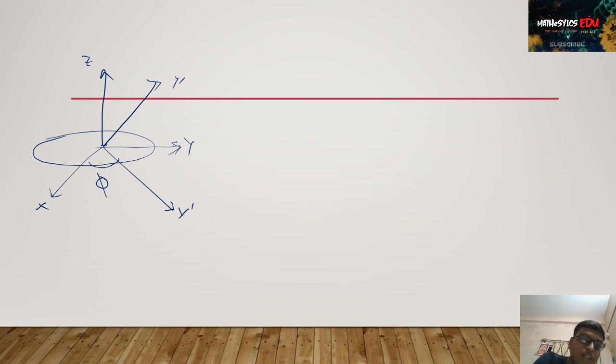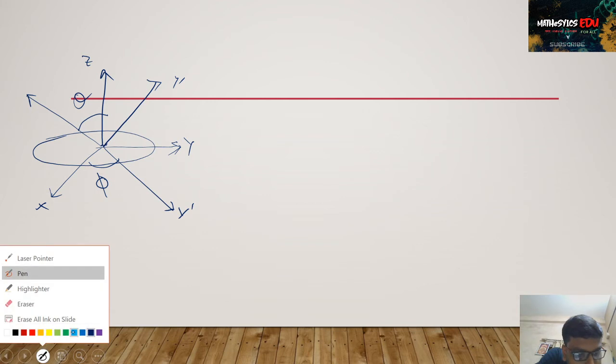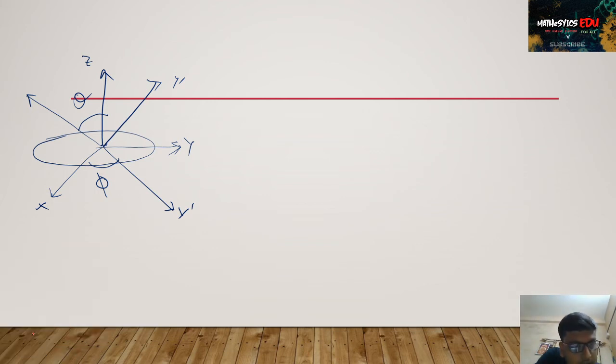Now what I do, I rotate the z axis and make it come to this point. Let's say I rotate it by an angle theta. Now, to properly make you visualize, let me make use of another pen and draw a line through the origin. This is the z axis, our new z axis, z dash.